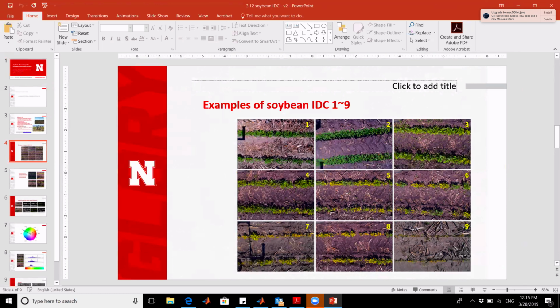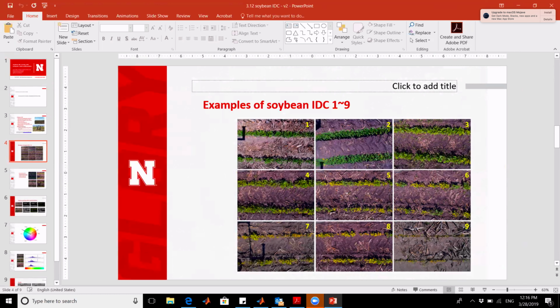And then the second feature that we are looking at is really the size of the plants. All these images are taken at roughly the same physiological stage. They are all three to four leaf. They call it V3, V4, but soybean has three leaflets per leaf, so that's the reason why you see a lot of leaves.